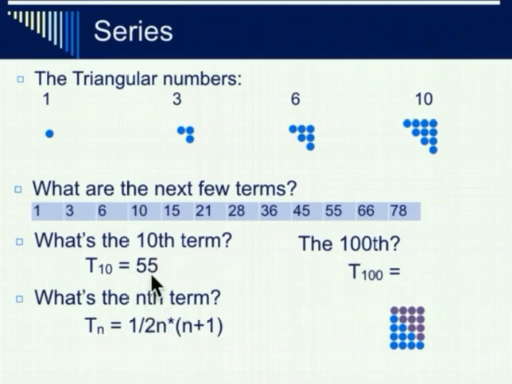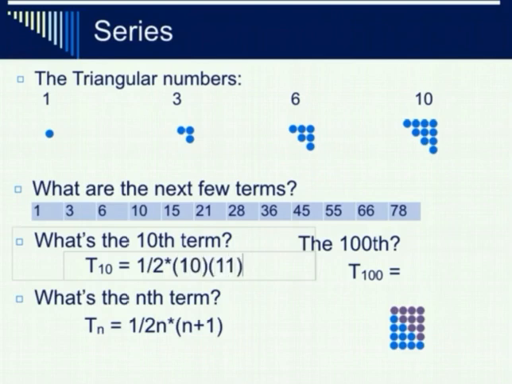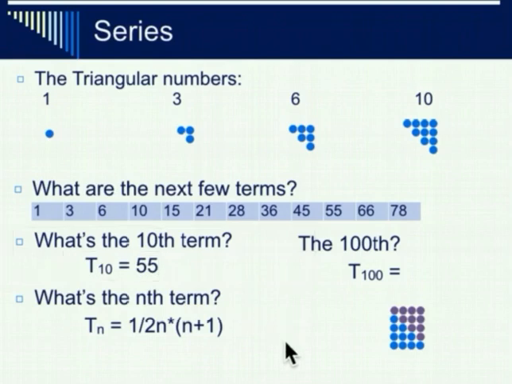So if we take 1/2 times 10, and 10 plus 1 is 11. 10 times 11 is 110. And half of 110 is the 55 that we had gotten earlier. So yeah, our formula seems to be working. This isn't, of course, a proof, but at least it worked for that one.